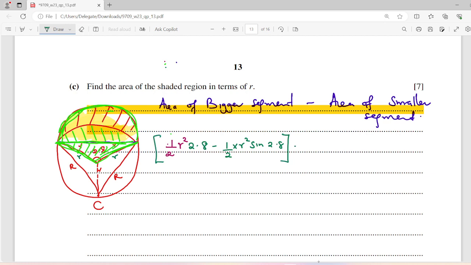The smaller segment is this one here. So how do I get the area of that small segment? It is simply the area of this whole sector, which is a half r squared.